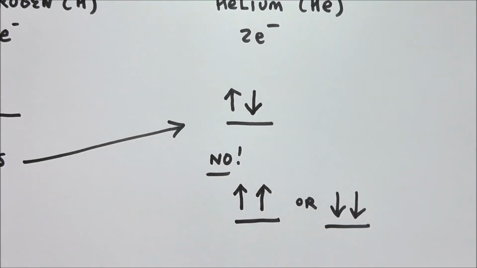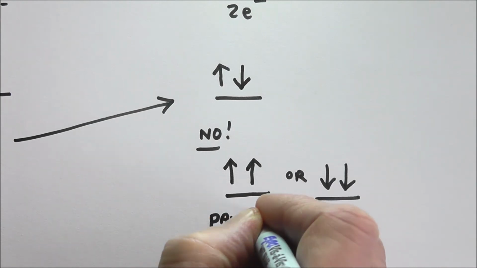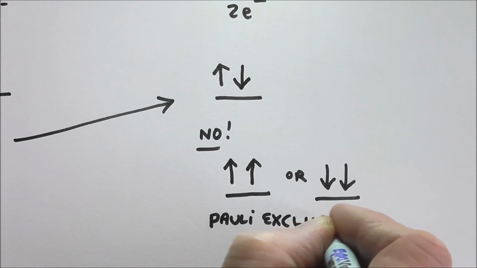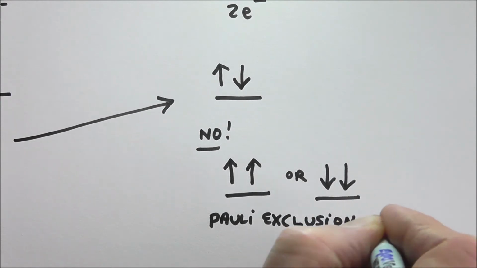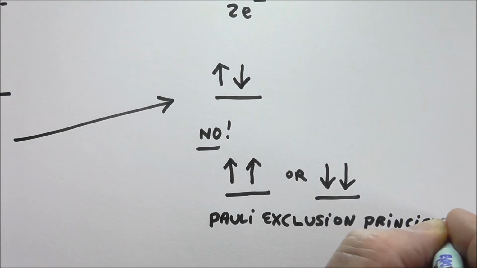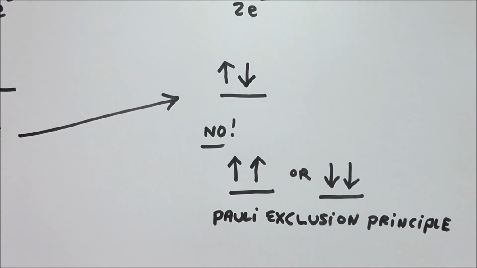This one is called the Pauli Exclusion Principle, which sounds fancier than it is. It's basically saying that an electron can't go next to another electron with the same spin in an orbital. So neither of these happen.